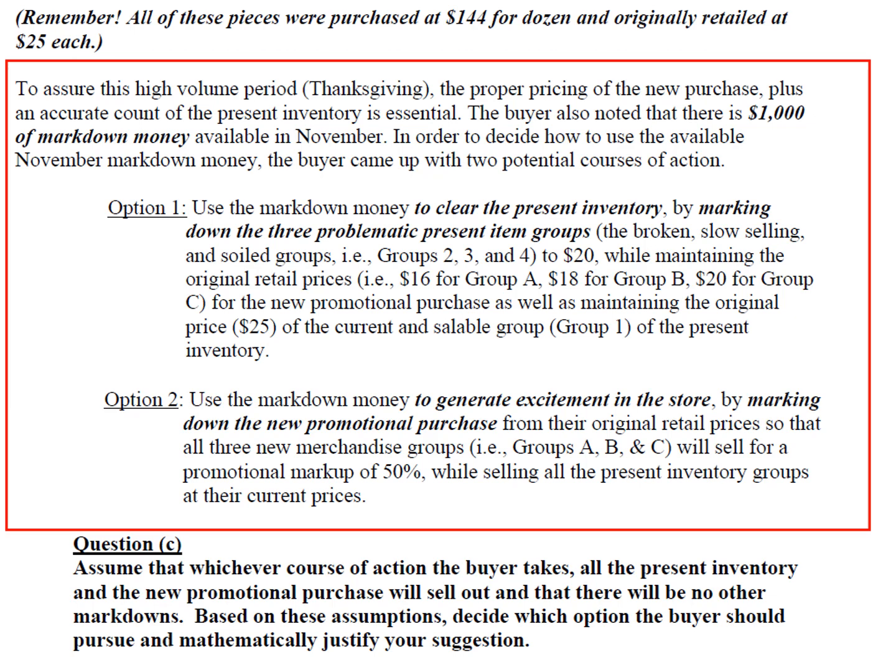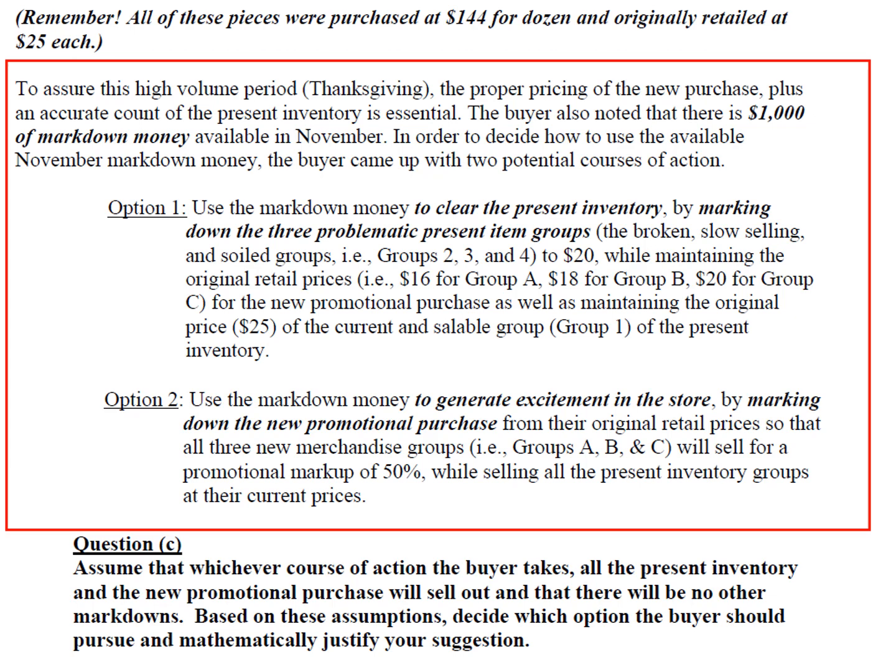Group 2 was broken in assortment, group 3 was selling slowly, and group 4 was very badly soiled. So maybe the buyer could mark them down to $20. So that's option one: those three problem groups among the present inventory are all marked down to $20. The first group of present inventory was fine, so it's not going to be marked down.